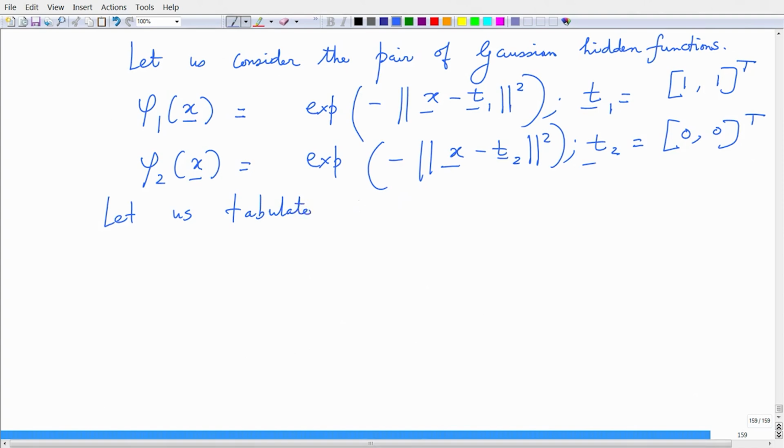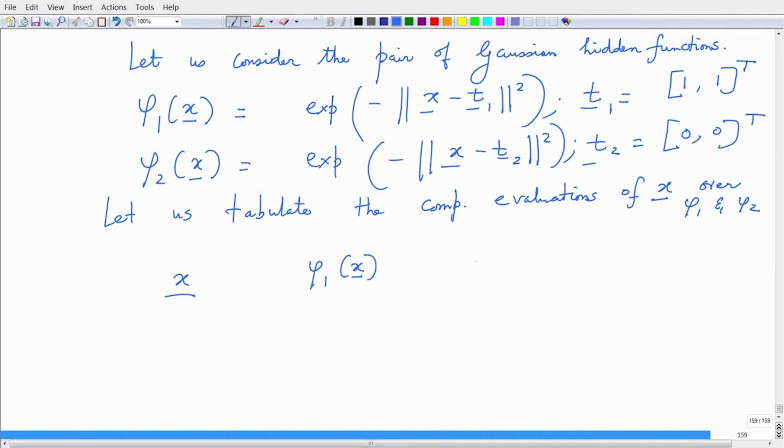Let us tabulate the computational evaluations of the points x over phi1 and phi2. So we have x, phi1 of x, phi2 of x.